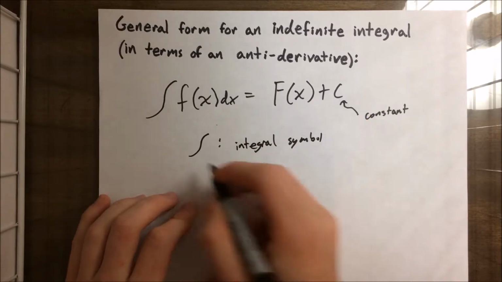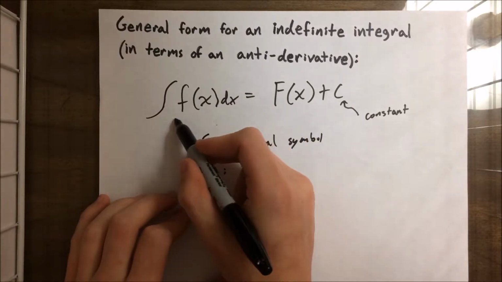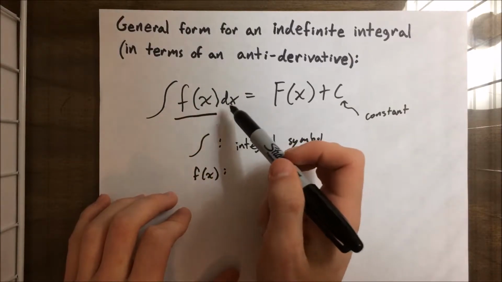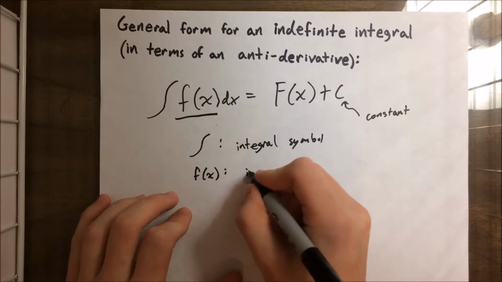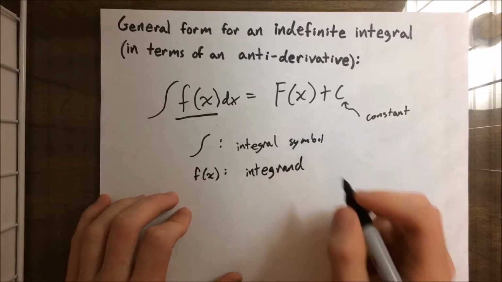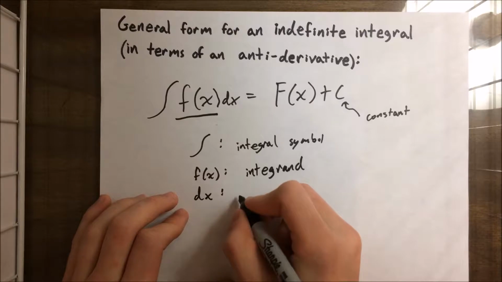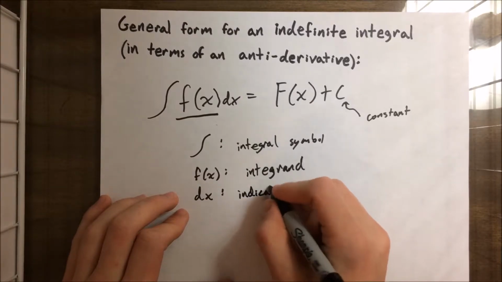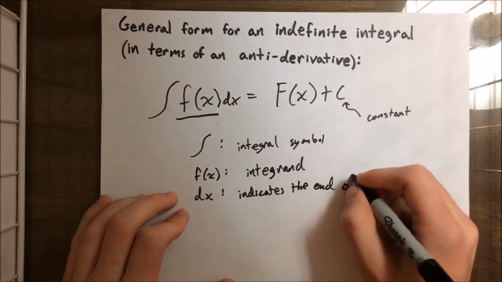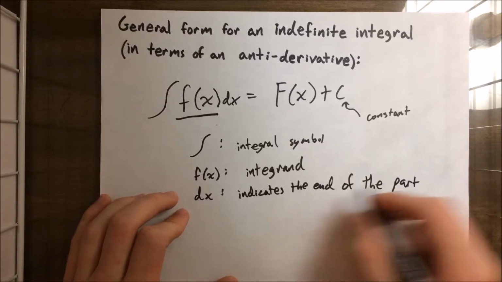The f of x, the part between the integral symbol and the dx, is called the integrand. dx indicates the end of the part being integrated.